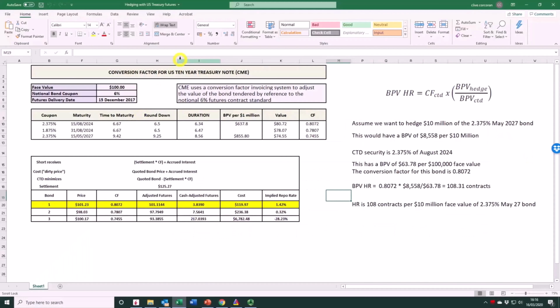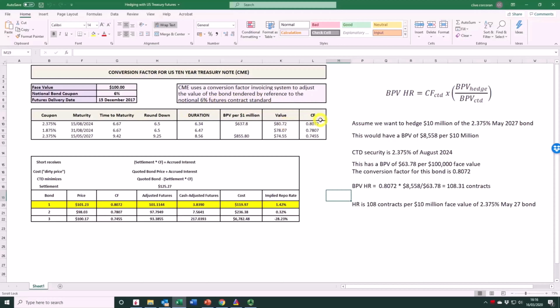Let me first deal then with this issue of the conversion factor. As I've said, it is a way of adjusting the value of a bond that is tendered for settlement, let's say, a cash bond, and it makes reference to the notional or theoretical 6% bond, which is the standard in the futures contract.